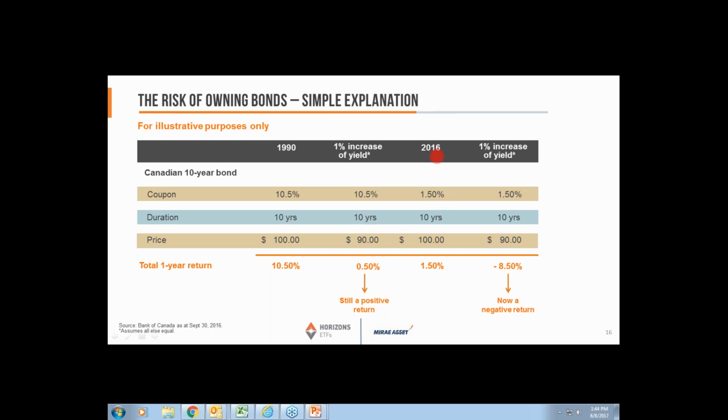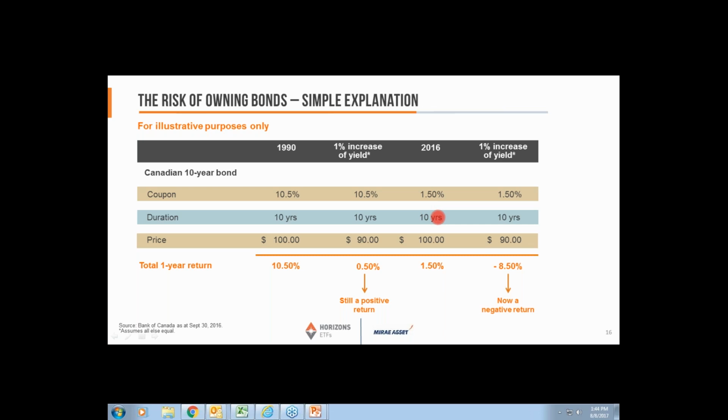Now, if I take the same bond in 2016, or really 2017, the yield has gone down, but the duration is about the same. A 10-year bond with a 1.5% yield: if interest rates rise 1%, I lose 10% on that bond.